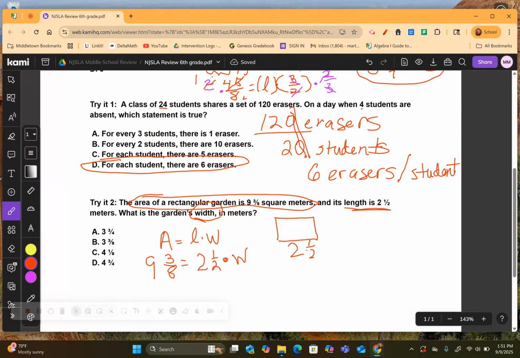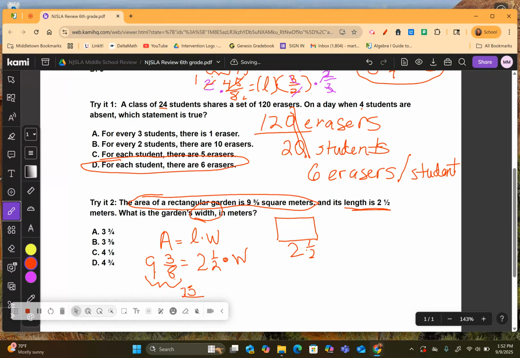Okay, before we add, subtract, divide, multiply, whatever you need to do in this problem, what should we do to these fractions? Yes, change them to improper fractions. To change them into improper fractions, we take 9 times 8, which is 72, plus 3, which is 75.